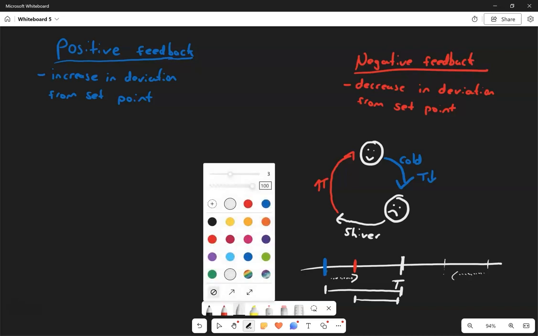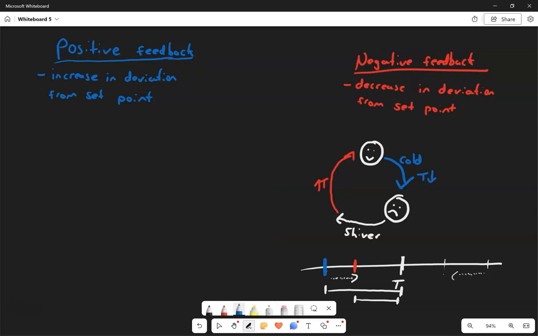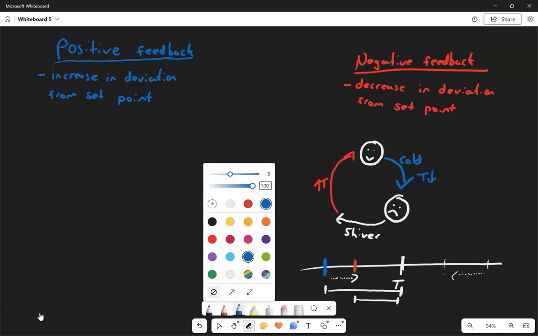Okay. Now, in your positive feedback loop, this is one that is not as common, but it results in an increase in the deviation from that set point. The most common example that is provided is uterine contraction during child labor and birth. So let's imagine that we have a uterus, right?